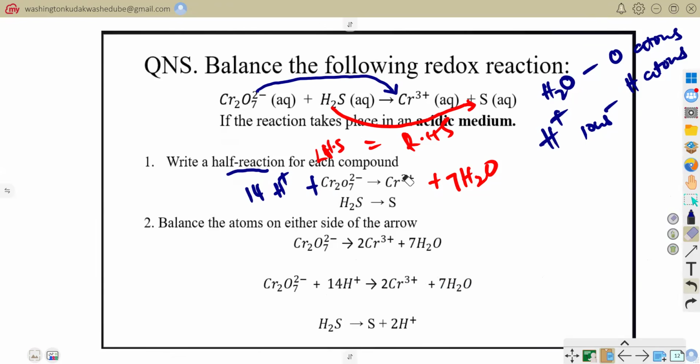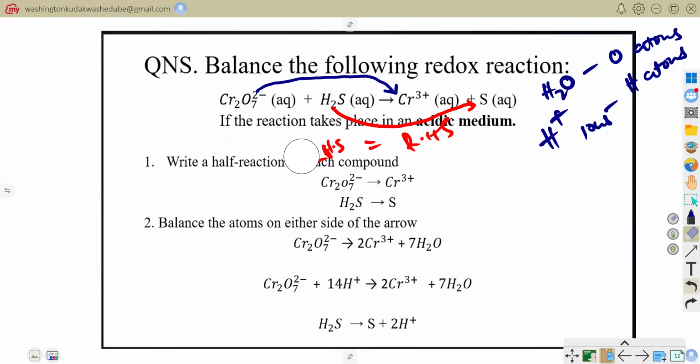We also need to balance chromium. Because I've got 2 chromium here, I need 2 chromium on this side, so I multiply by 2. Now I've got a balanced number of atoms from my left hand side to my right hand side for this half reaction.